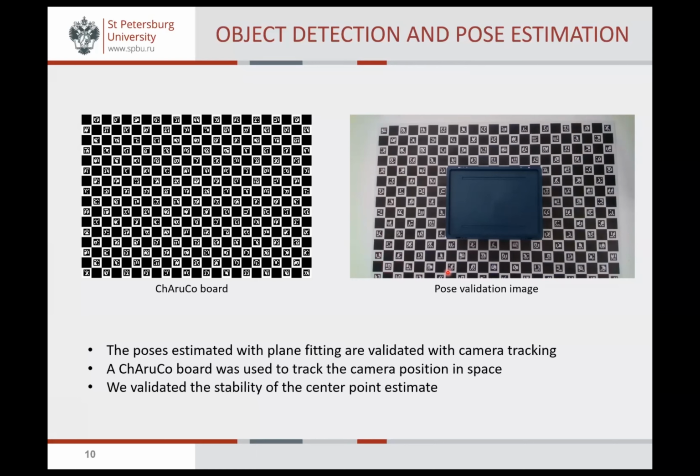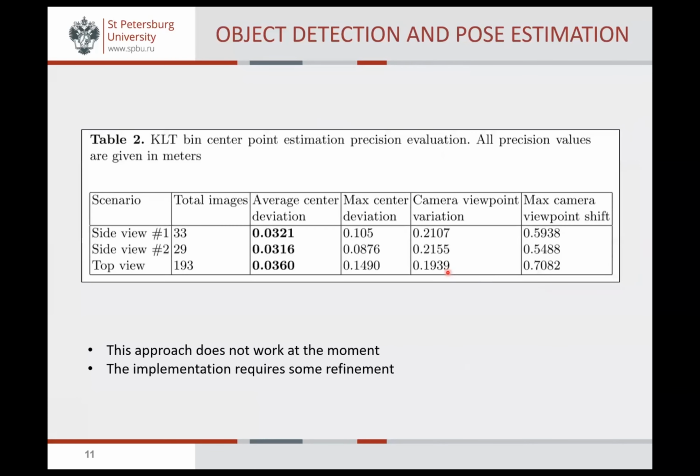This checkerboard pattern should, in general, provide a camera pose with a very high accuracy. But unfortunately, at the moment, the checkerboard detection algorithm doesn't work too well. The preliminary precision of the plane fitting algorithm is around 3 centimeters. We hope that we can lower this value once we refine the implementation.